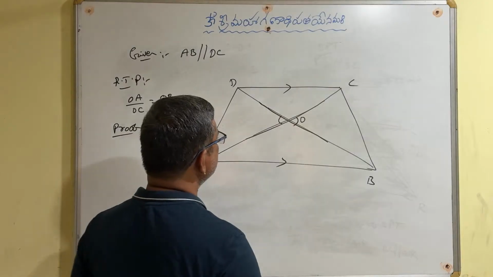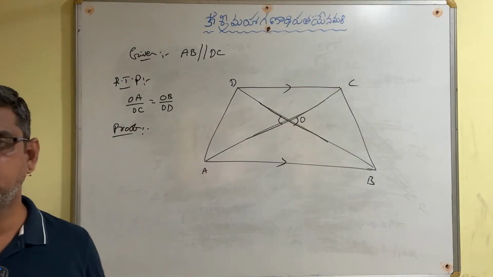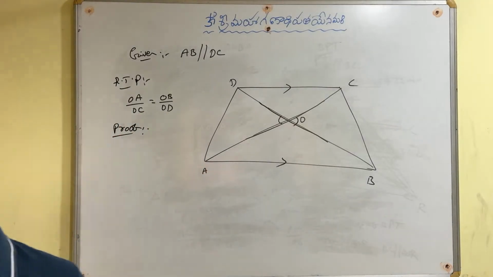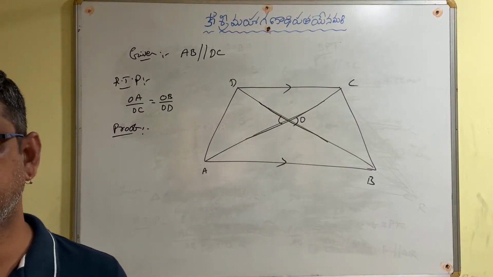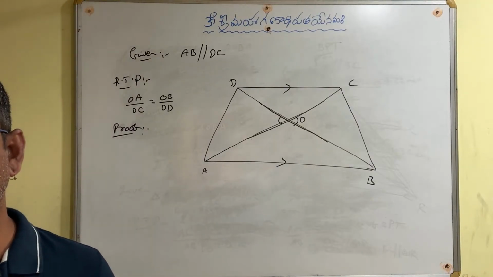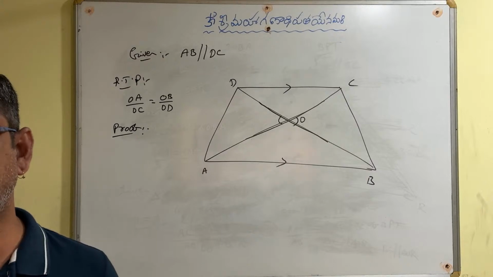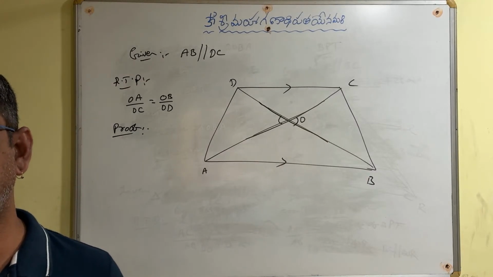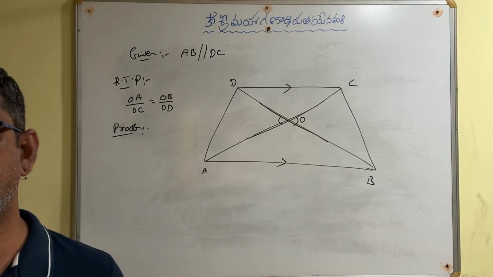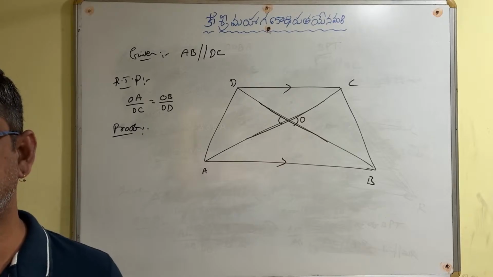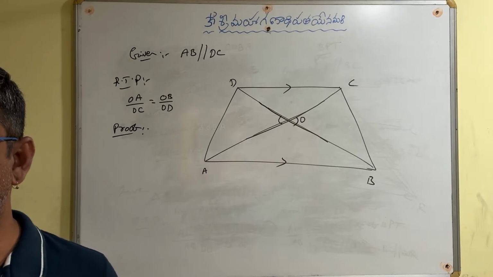Vertically opposite angles are equal. What is another angle that is equal, Bashita? Only that. What is the other pair of angles that are equal in those two triangles? Alternate interior angles.